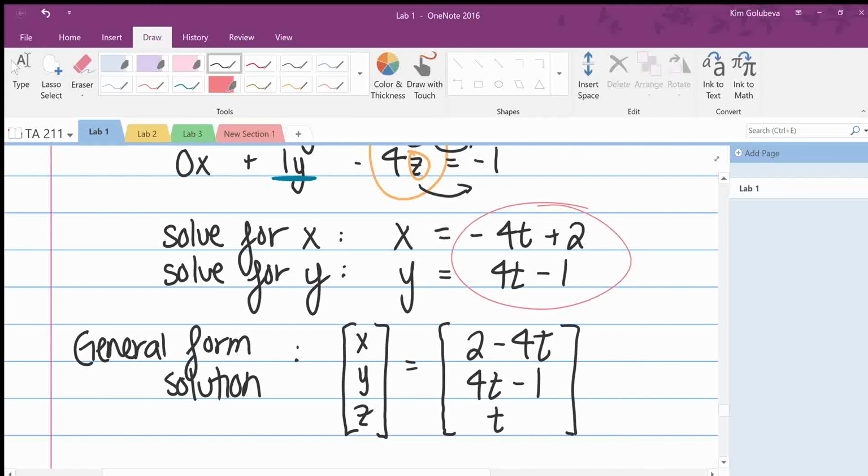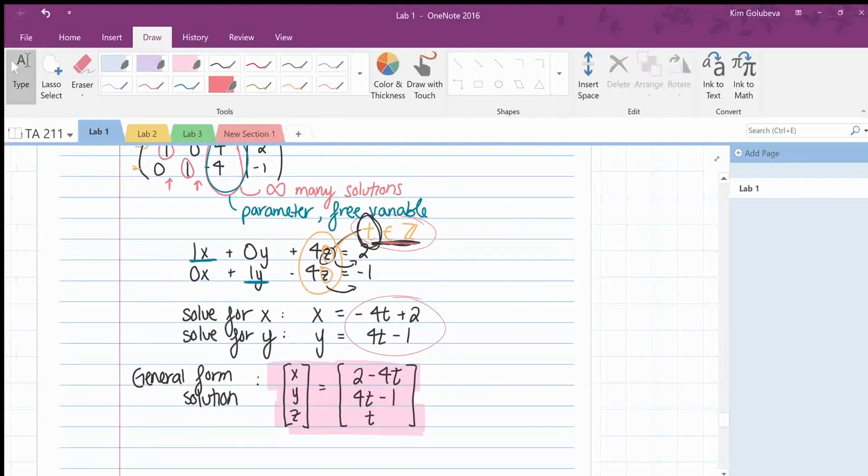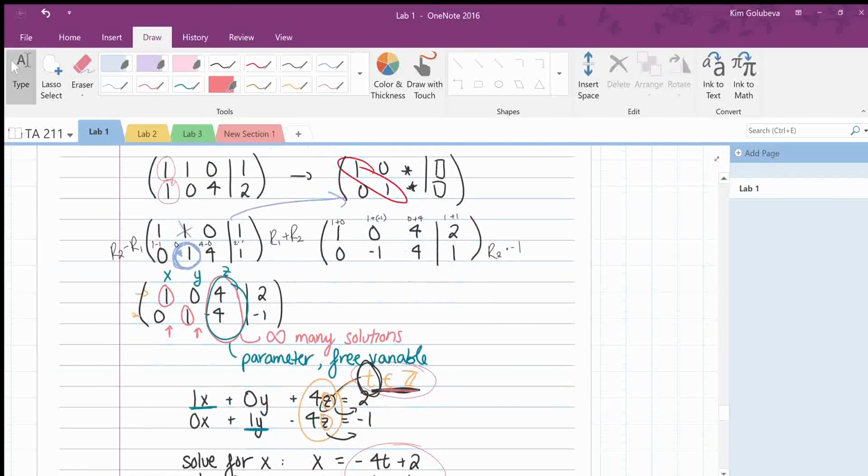So this right here is the general form of the solution. This is our solved system, and yeah, that's the general solution.